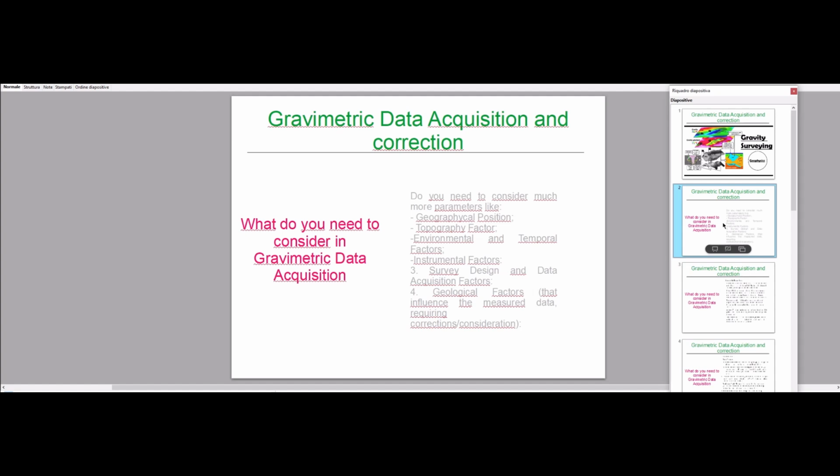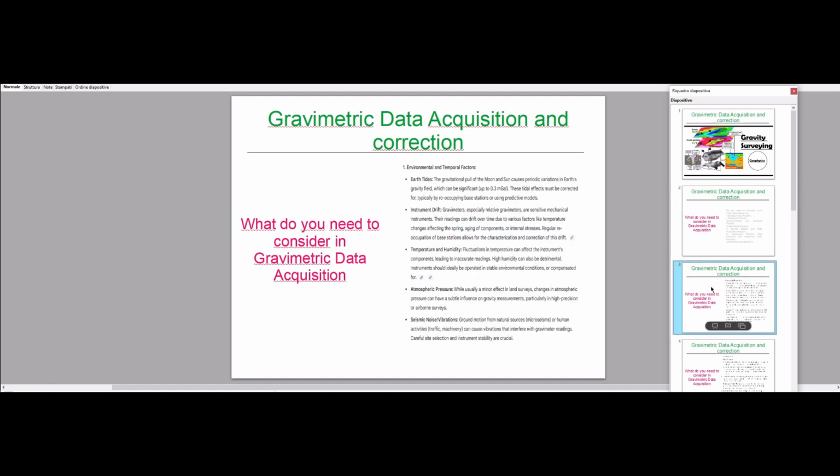So what do you need to consider in gravimetric data acquisition? You need, as just said, to consider many more parameters like geographic position, topographical factor, environmental and temporal factors, instrument factor, survey design and data acquisition factor, geological factors that can influence measured data requiring correction, or other else.